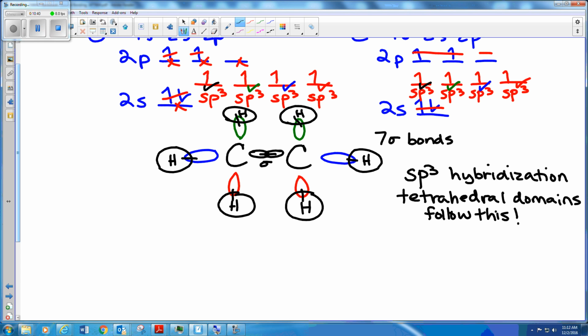Alright, so that tells the tale of ethane. Now we're going to move to ethene, which we already know has a double bond. So we're going to create the same diagram, only we're going to show how it's slightly different.